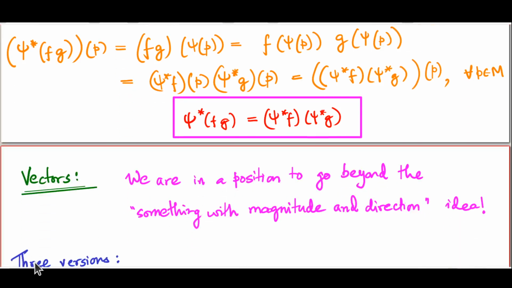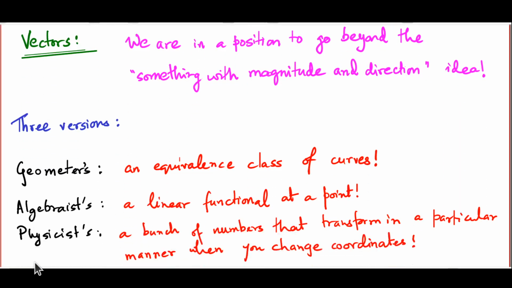As we will see, there are three distinct ways in which vectors are talked about, once we go beyond the high school definition of something with a magnitude and direction. The three ideas, which are equivalent but very different in nature, can be called the geometer's version, the algebraic version, and the physicist's version, respectively. In the geometer's version, we actually define a vector as an equivalence class of the set of all curves.